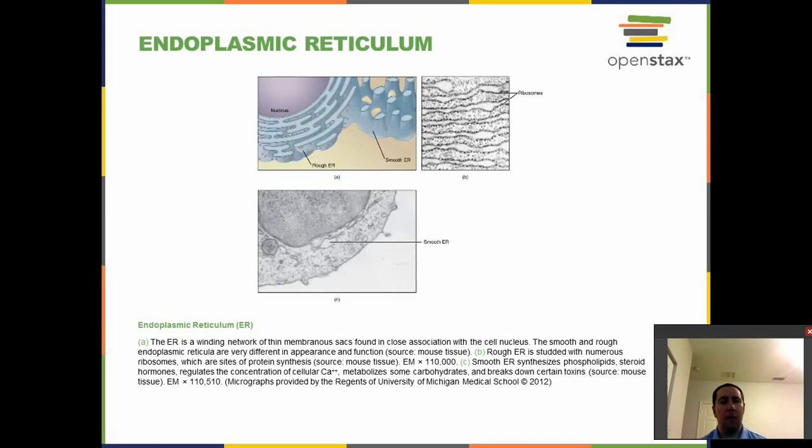Now, remember the dots were ribosomes, which made the protein. And so if there's no ribosomes on the smooth ER, we can't be making protein there. The smooth ER is one of the primary locations where lipids are made. So the primary function of the smooth ER is it is where the lipids are made.